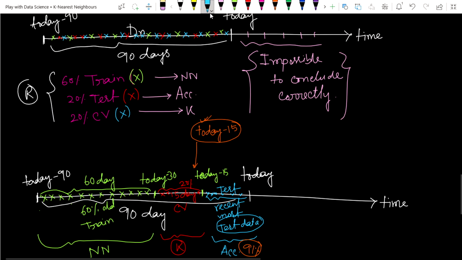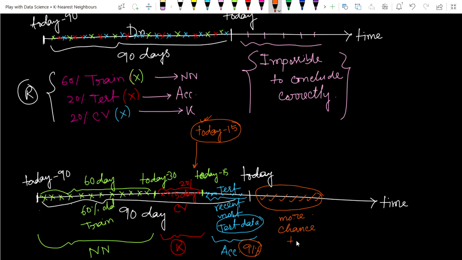So this thing is actually meaningful. We got 91% accuracy simply by using the most recent data, so there is a more chance of getting the same accuracy, because we have seen this accuracy of 91% for the previous 15 days.